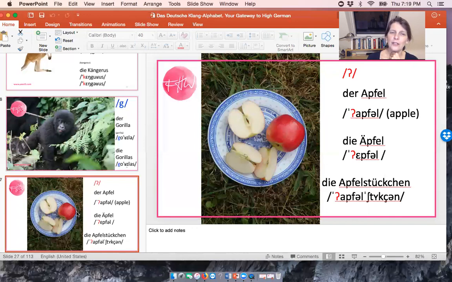And you use it mostly when a word starts with a vowel. So you say Apfel, Apfel, Apfel. And that's one of the sounds, I guess, that gives German the reputation of being such a harsh language, which personally I don't find, but well, I grew up with it, I guess. Okay, so der Apfel, die Äpfel.